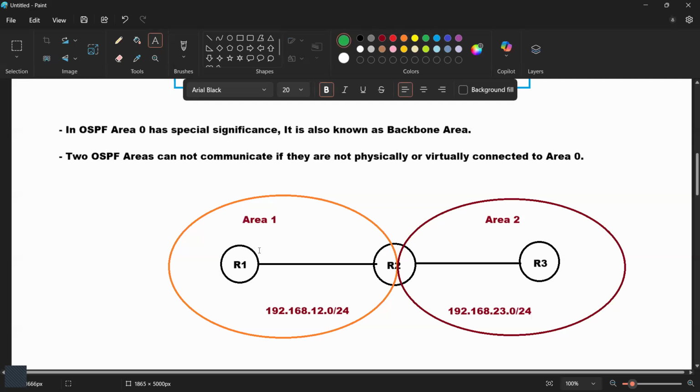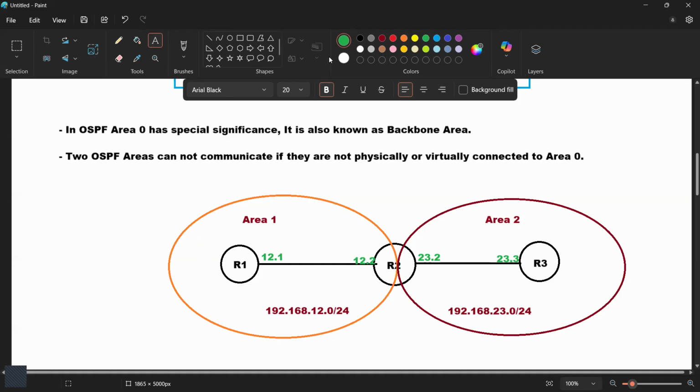Say you have the IP addresses 12.1 here, 12.2 here, then 23.2 here, 23.3 here. R1 will not communicate with R3. If you configure OSPF here, R1 will not communicate with R3.